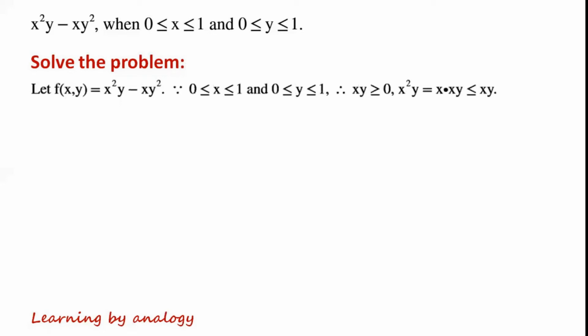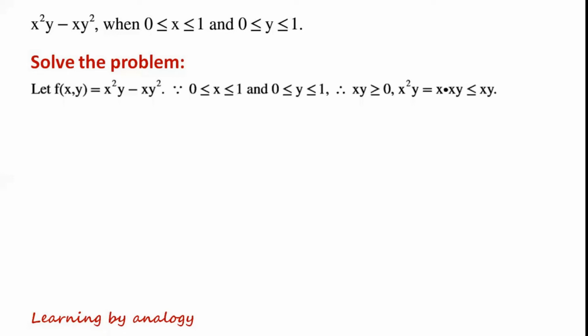Because 0 is less than or equal to x is less than or equal to 1, and 0 is less than or equal to y is less than or equal to 1, xy is greater than or equal to 0.